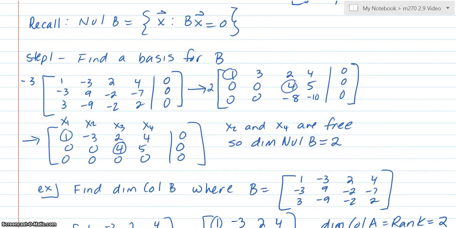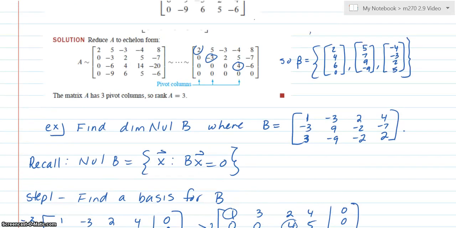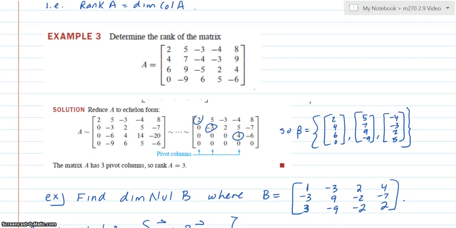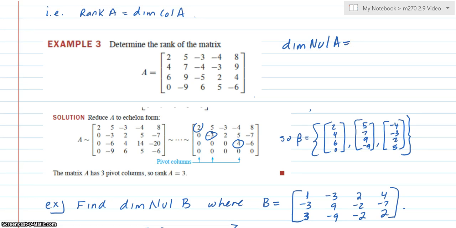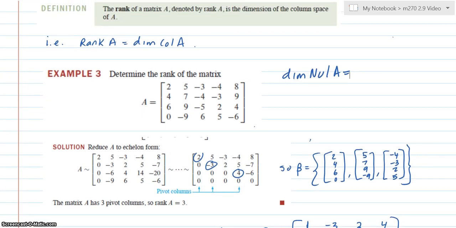So if we go back up to example 3, I asked, what is the dimension of the null of A here? You can go ahead and check this by finding the basis for the null of A. But here it is.